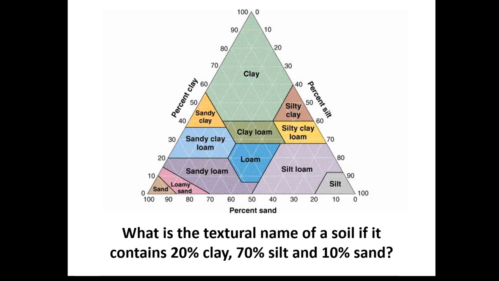So this diagram is used to determine the texture of the soil in a certain area. For instance, how to define the textural name of a soil if it contains 20% clay, 70% silt, and 10% sand.